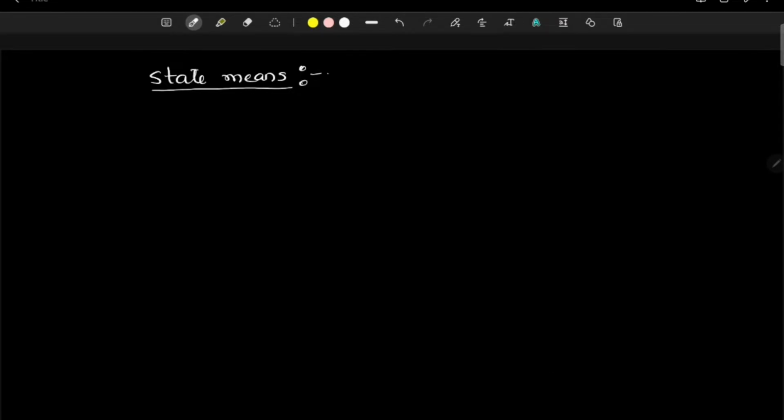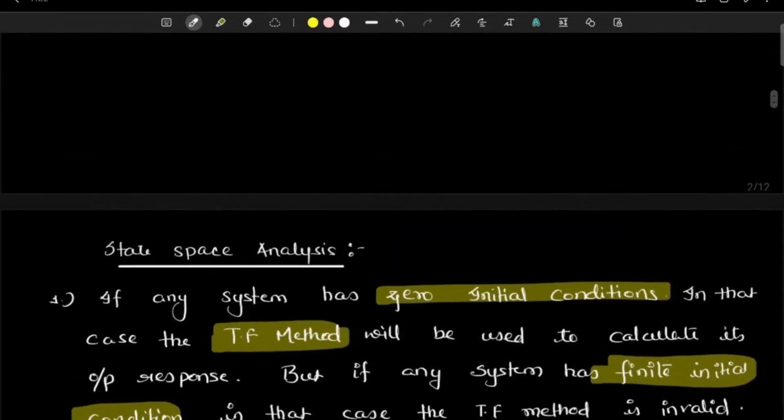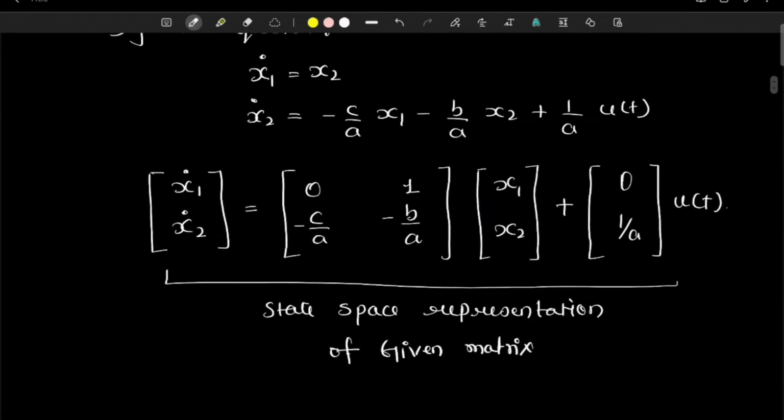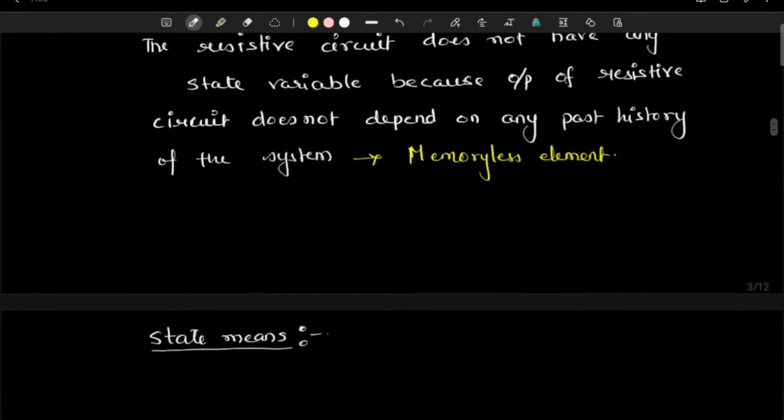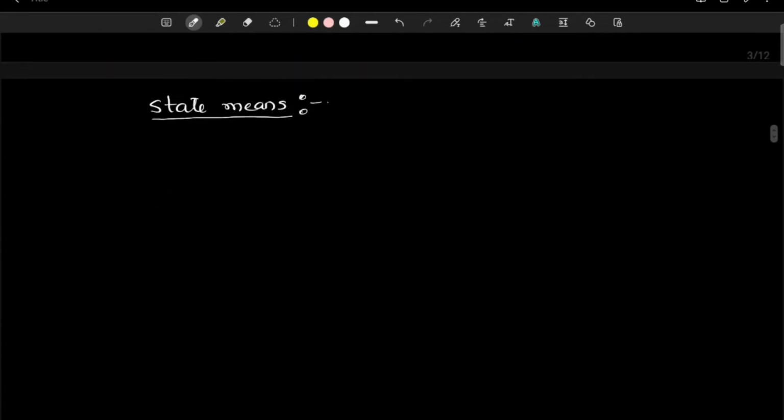Now suppose we got two variables, that is x1 and x2, right? So these were the two variables. Now the dynamic behavior of the system was determined by the differential equation which we have written earlier, which determines two variables, that is x1 of t and x2 of t.